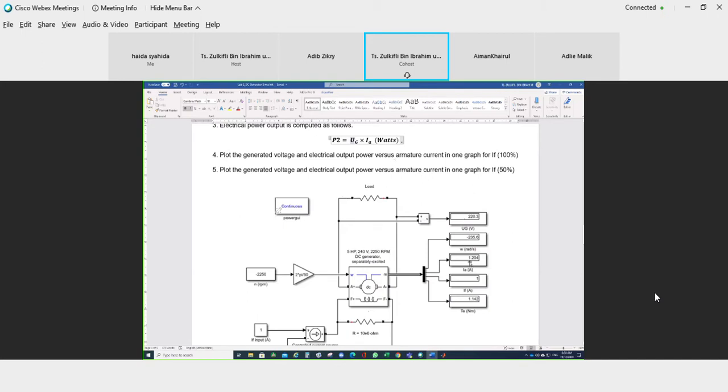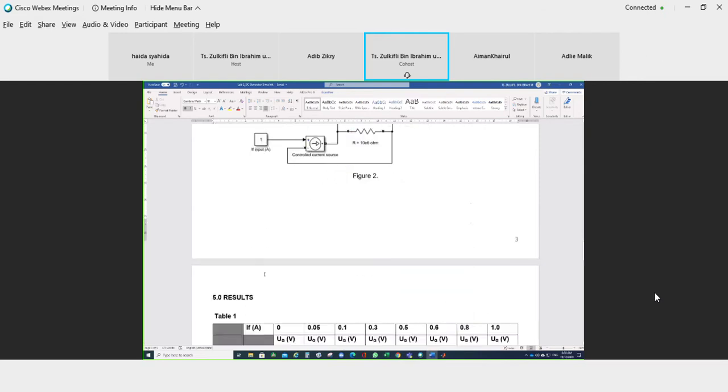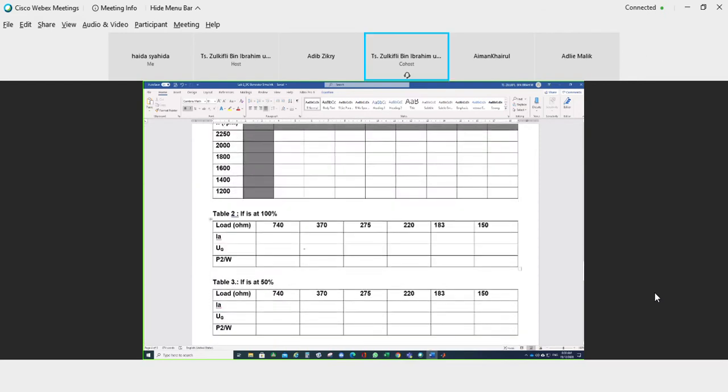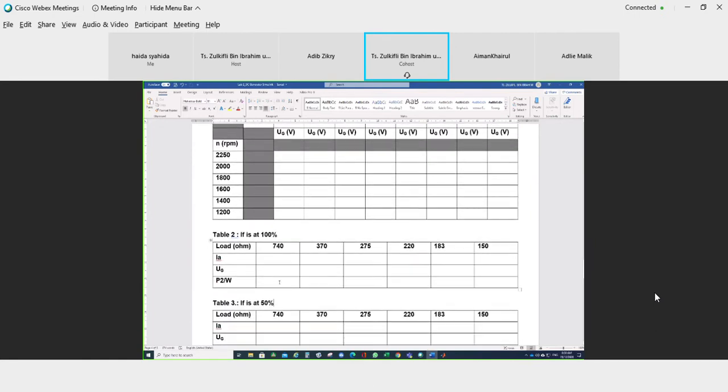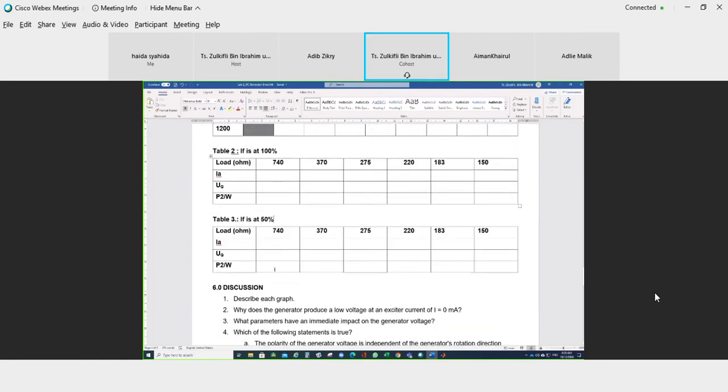So you will get your output power in watts. Ini pada IF at full load, maksudnya at 100% equals to 1. So bila kita reduce to 0.5, apa akan berlaku on terms of IA, UG and power 2.